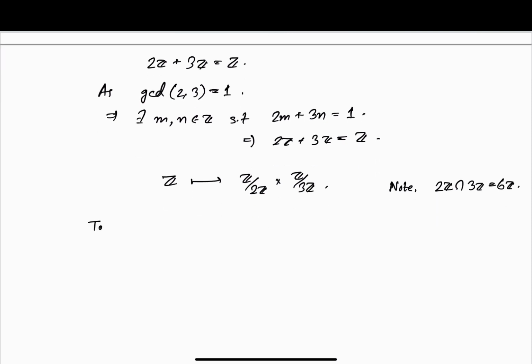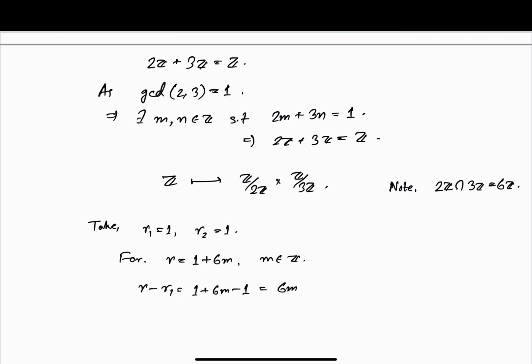So take R1 to be 1 and R2 to be 1. Then if you take R equals 1 plus 6m, where m is an integer, R minus R1 is 1 plus 6m minus 1, which is 6m.